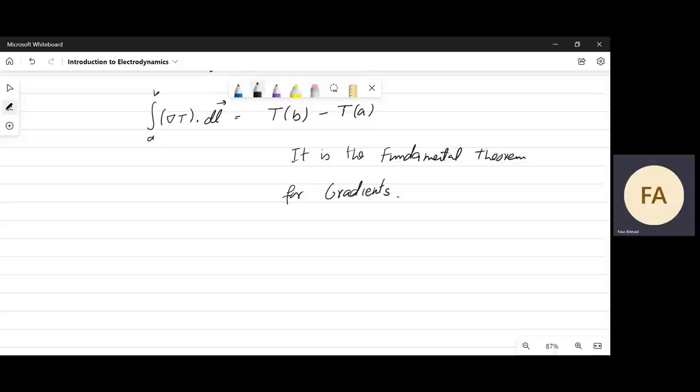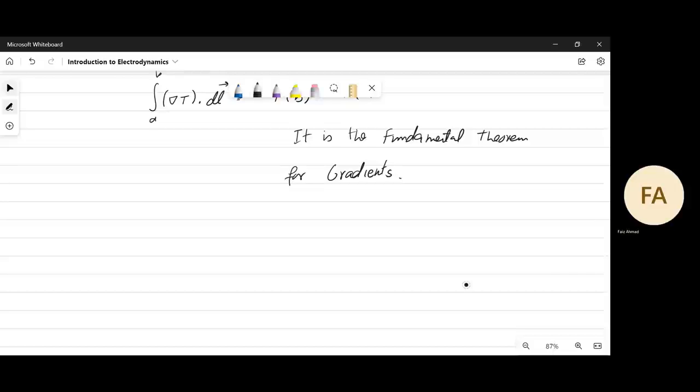You can divide the whole path into small regions, find the change at every point and then add them all, or you can just take the first and final values and take their difference. So the geometrical interpretation is this.